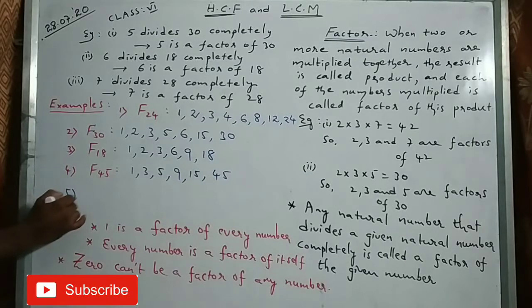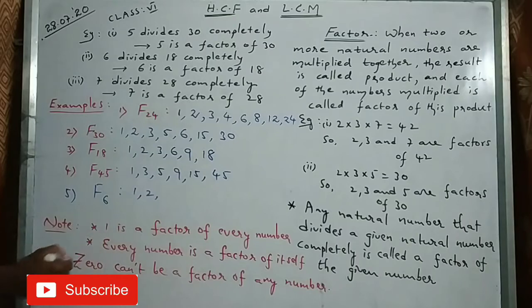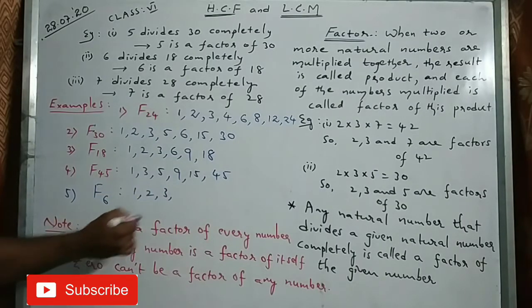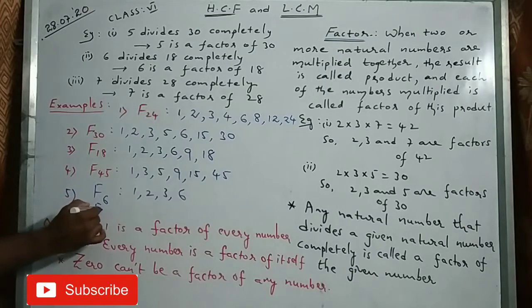Look at factors of 6. What are the factors of 6? 1 6s are 6. 2 3s are 6. 3 2s are 6. 6 ones are 6. Right? So 1, 2, 3, 6. Take 28.